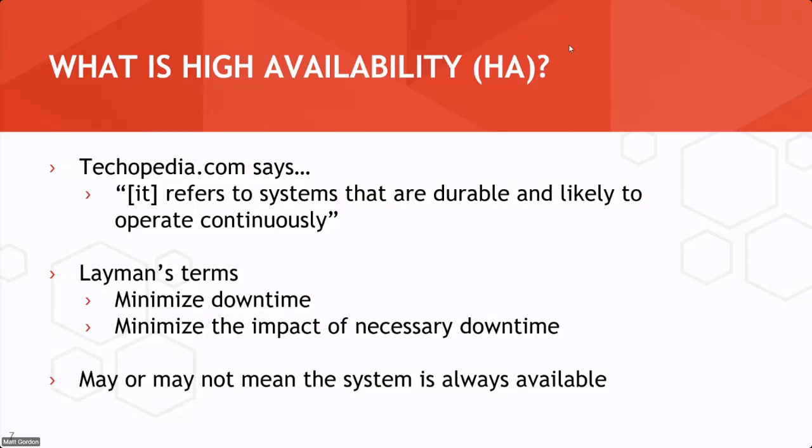Job B is, depending on the costs involved and maintenance needed and all that, there is likely to be necessary downtime for the systems that most of us work on. And so then our job is to minimize the impact of that through where it's scheduled, through how efficient it is, those sorts of things. So at the end of the day, you're probably not going to be up 100% of the time, but I'm going to give you ways that we can get really, really close.